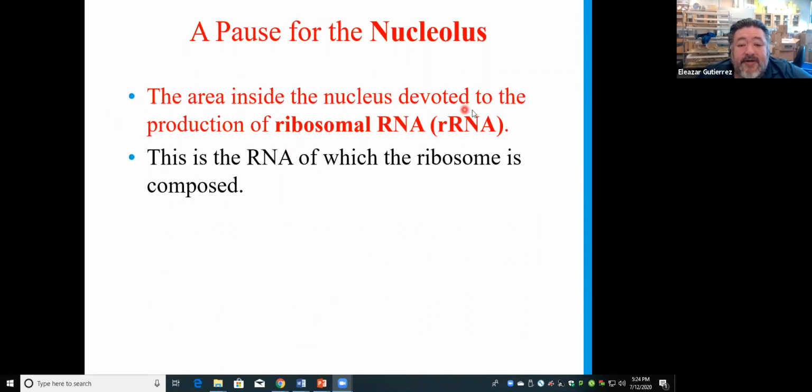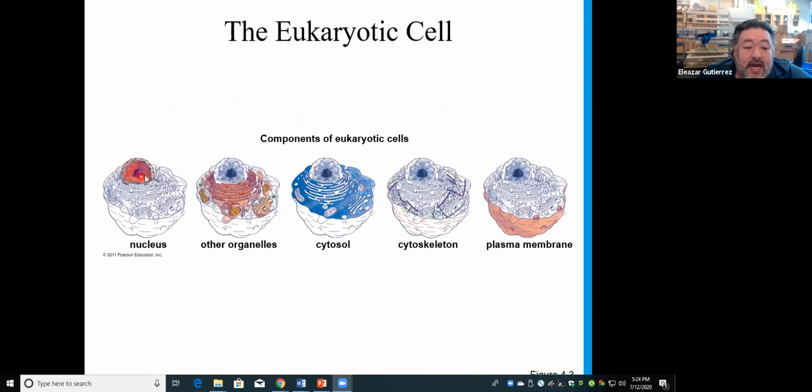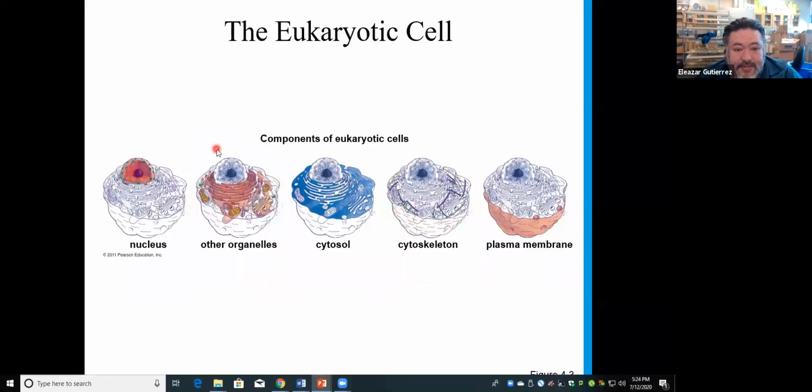So the area inside the nucleus devoted to the production of, the nucleolus. My apologies. We're talking about the nucleolus. Let's see if we can't go to it. See the nucleus here? And there's that little black thing in the middle. That's called the nucleolus, okay?